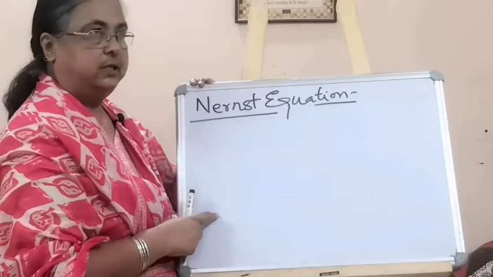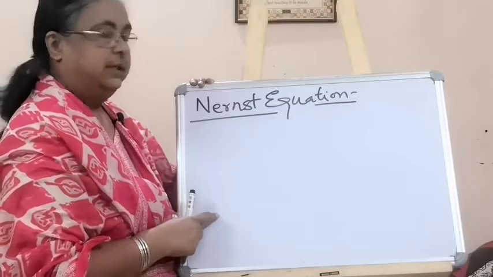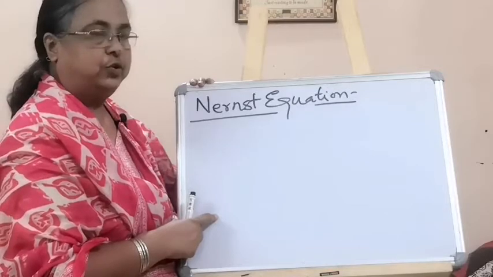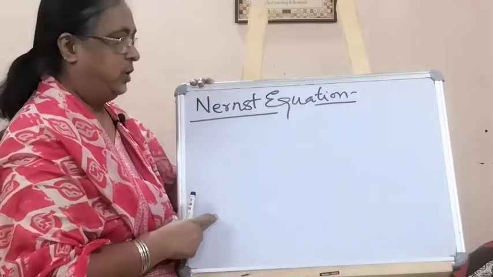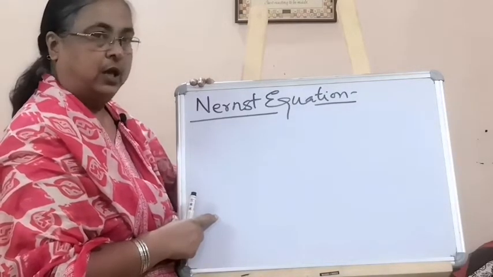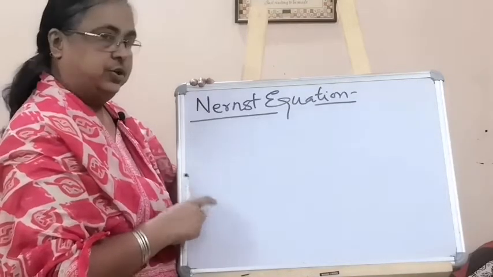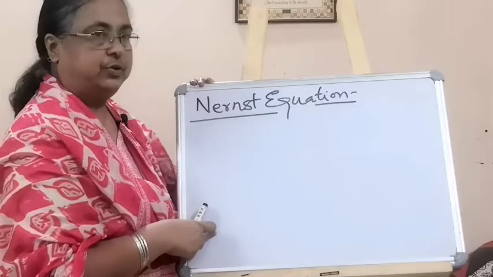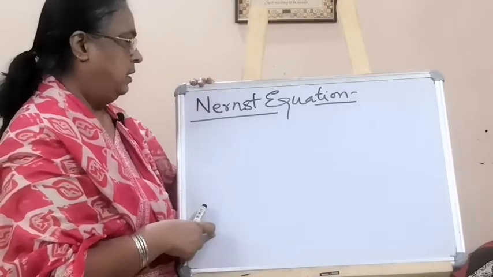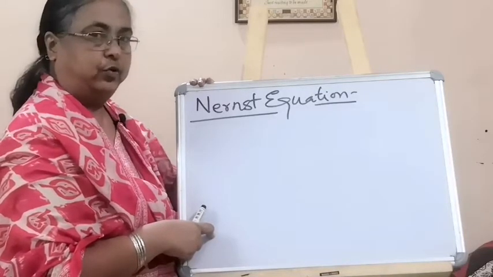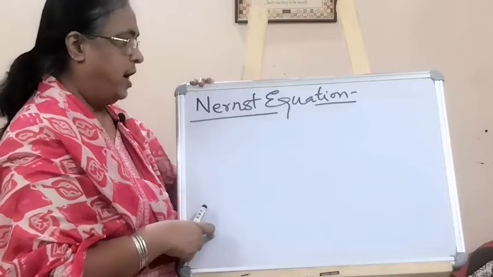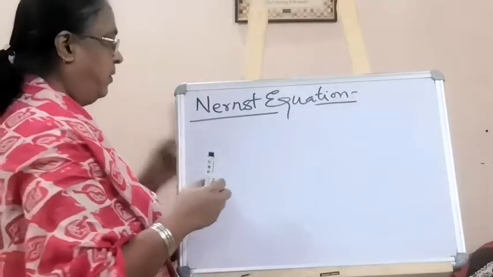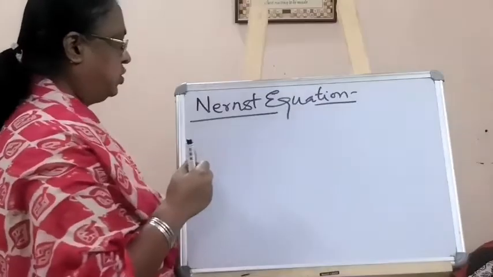Standard condition means, as you have seen, that the concentration should be 1 molar and the temperature should be 298 Kelvin, that is 25 degrees Celsius. When the concentration is not 1 molar, or the temperature is not 298, we can find the electrode potential of a half cell with the help of the Nernst equation.